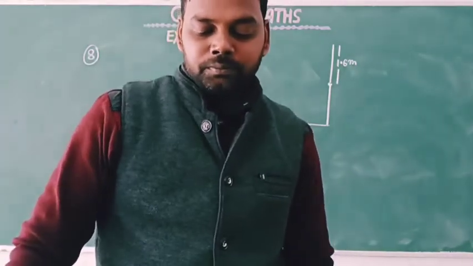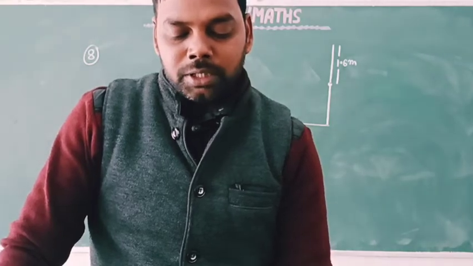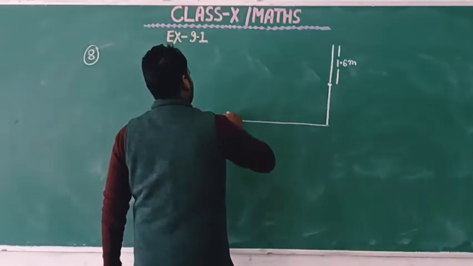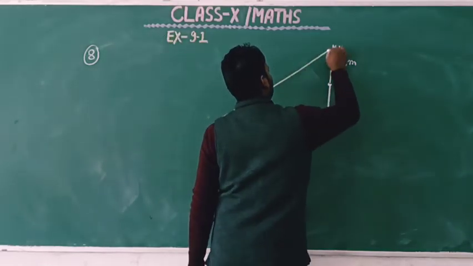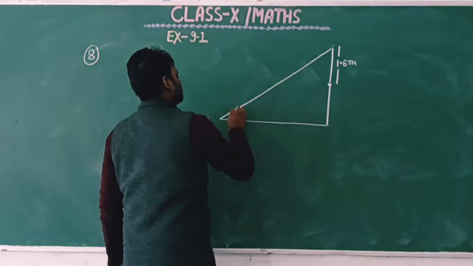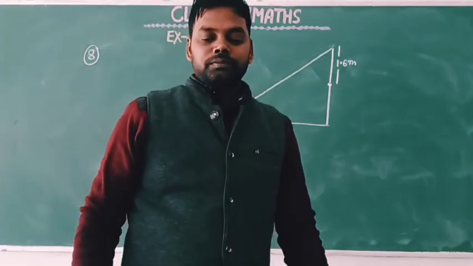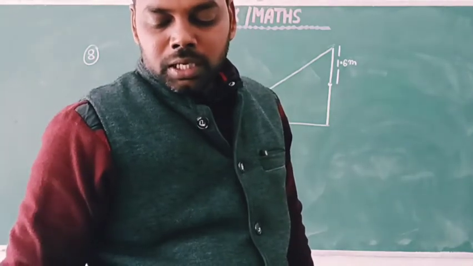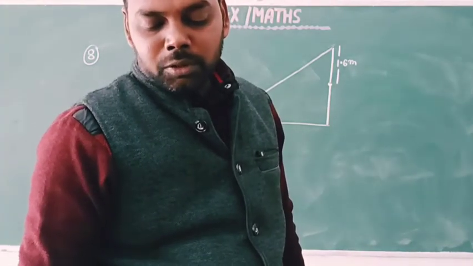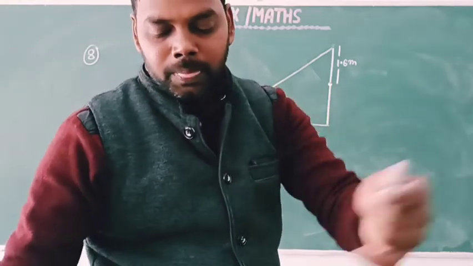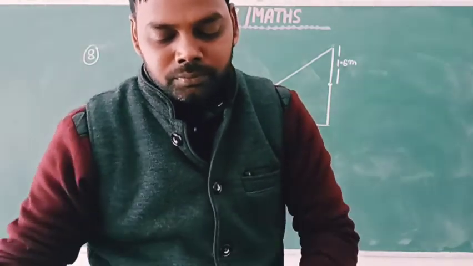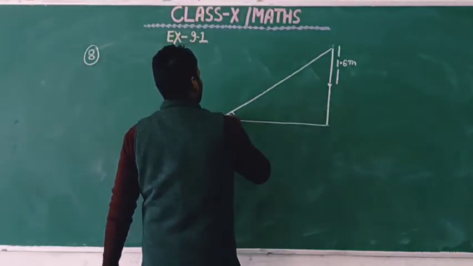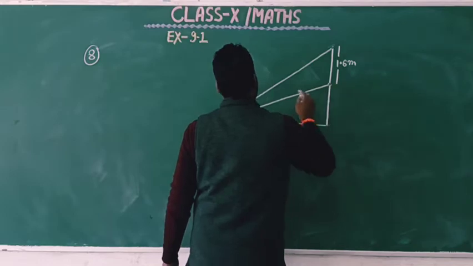From a point on the ground, the angle of elevation of the top of the statue is 60, and from the same point the angle of elevation of the top of the pedestal is 45. This is the top of the pedestal, which is 45.